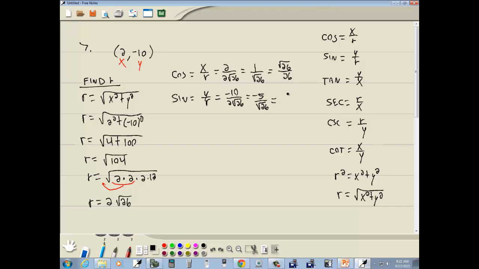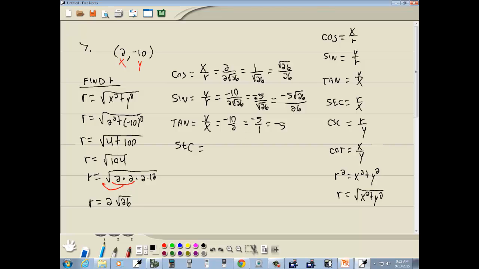Multiply top and bottom by square root of 26, and we got negative 5 square root of 26 over 26. Tangent is equal to y over x, so we're going to have negative 10 over 2, which is negative 5 over 1, or negative 5. Sometimes I do that fraction just so that it's easier to see for reciprocals.